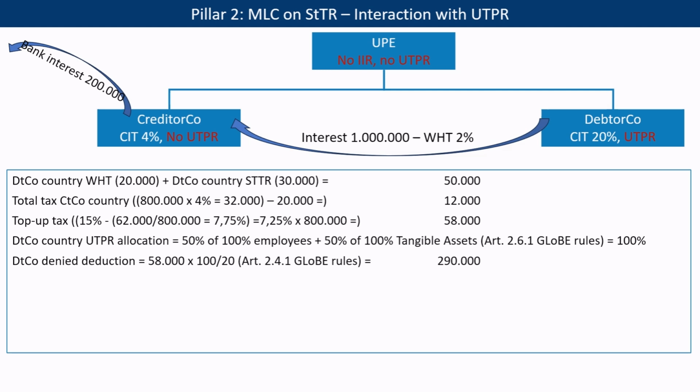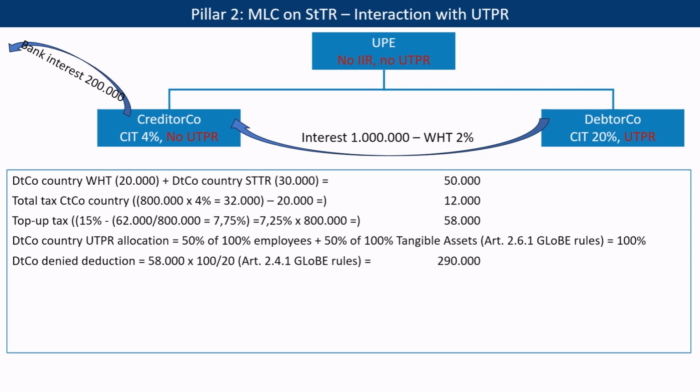We need to divide 100 by 20, which gives you 5, which means that debtor-co country can add back an additional 290,000 to debtor-co's taxable income, presumably in this particular instance by saying, you know what, of that 1 million interest that you paid, 290,000 will not be deductible. And the 290,000 that's not deductible, at 20% tax, leads to an additional tax of 58,000, which is the top-up tax under the IIR.